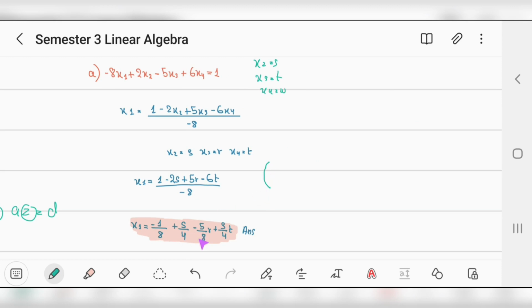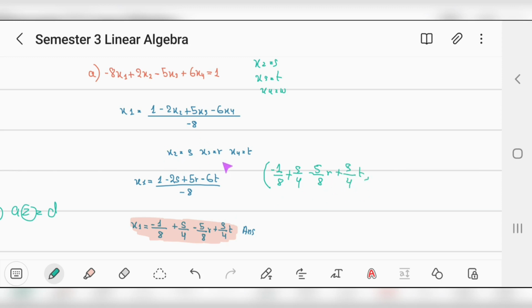So this whole thing is x1. This is 1 upon 8 plus s upon 4 minus 5 upon 8 r and plus 3 upon 4 t.